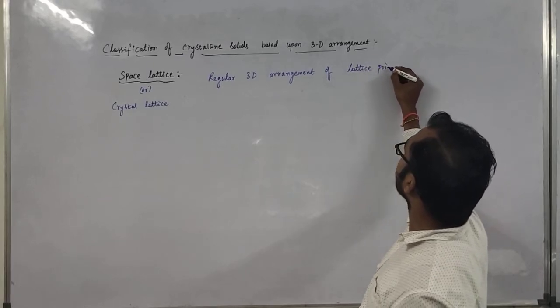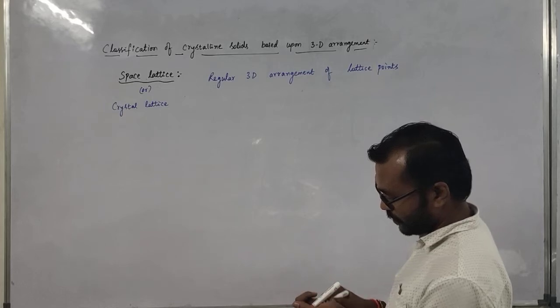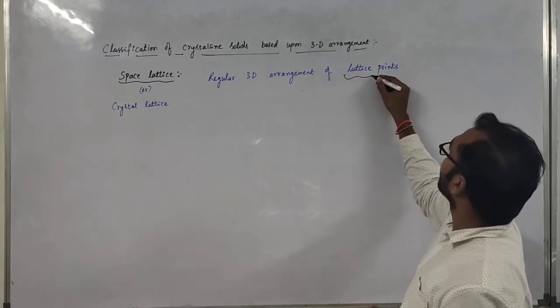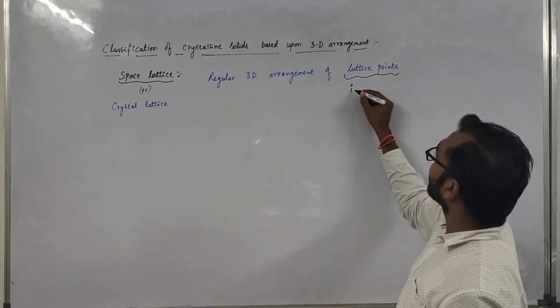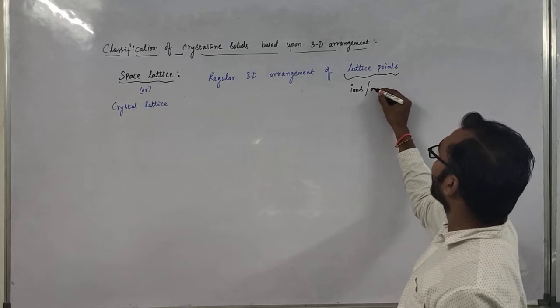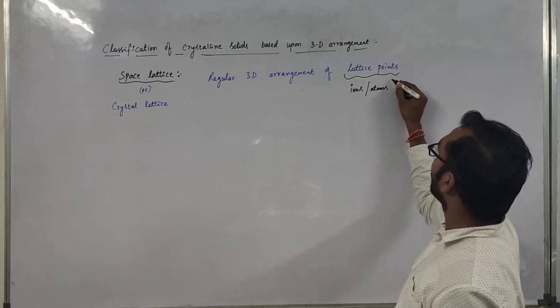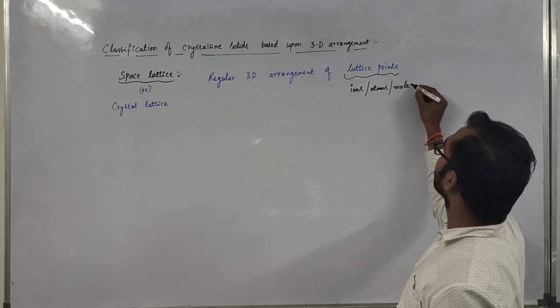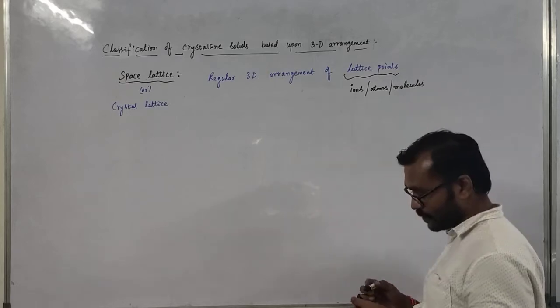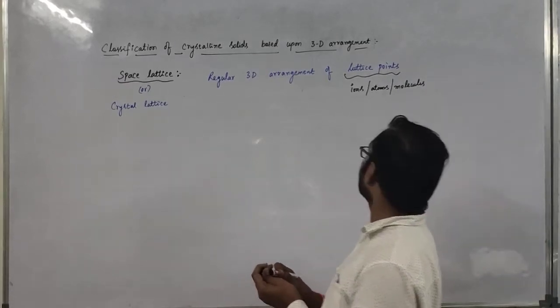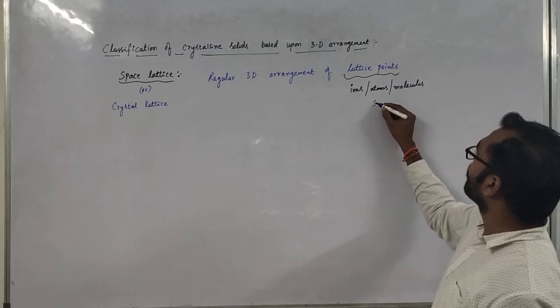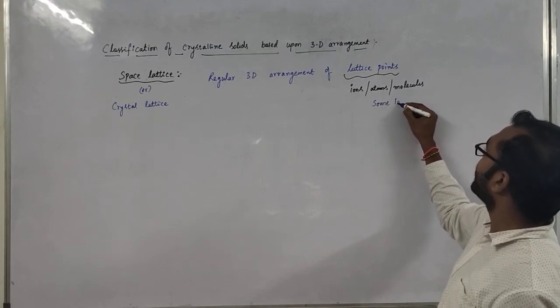What are lattice points? Identical points arranged in 3D. Lattice points may be ions, atoms, or molecules. Nothing but some identical points.